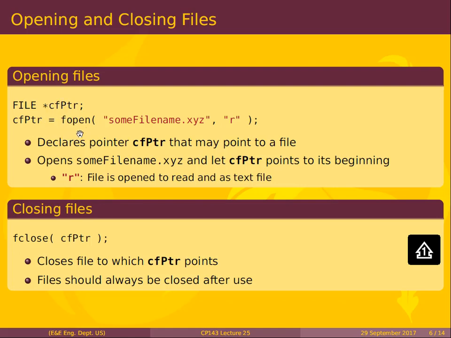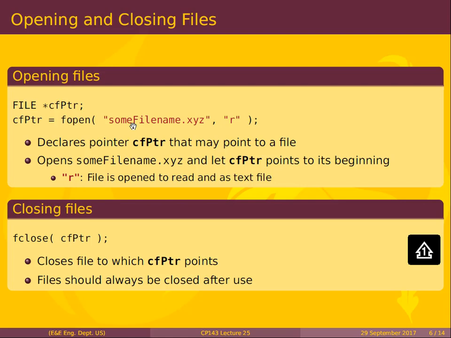So what the fopen routine does is it returns a pointer to this file object, so that when my program refers to this pointer, it knows that it's talking to this file that resides on the secondary storage.